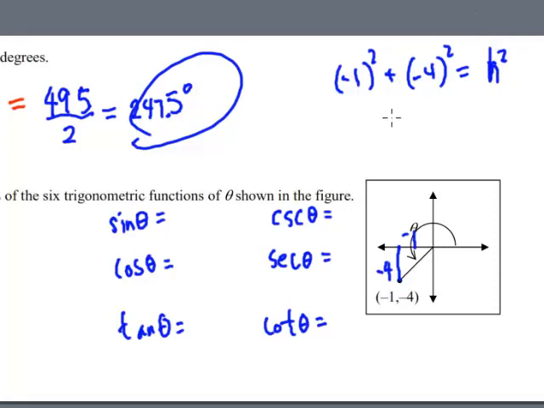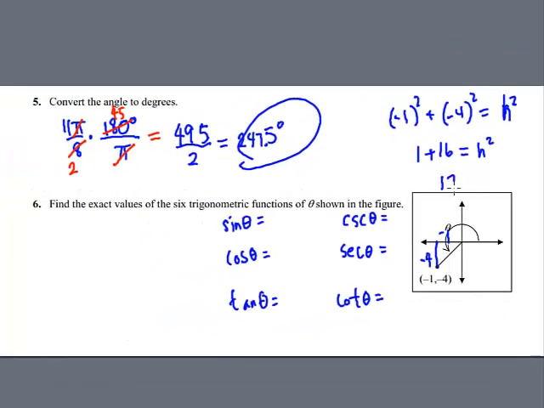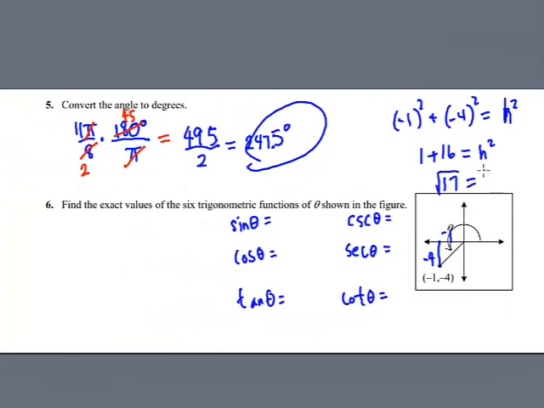Okay, so then this is 1 plus 16, which is 17, and we take the square root of 17 to get h, and we have positive and negative, but we always make the hypotenuse positive. So there's my hypotenuse, radical 17.